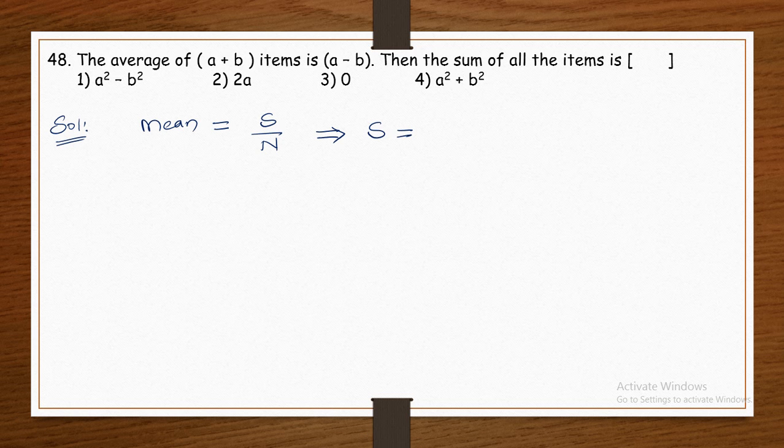So sum of observations I can write as mean into number of observations. So directly what is mean here? Mean is A minus B into number of observations A plus B. Clearly if you observe, A minus B into A plus B is nothing but an identity. A minus B into A plus B can be written as A square minus B square. Hence the answer is A square minus B square.